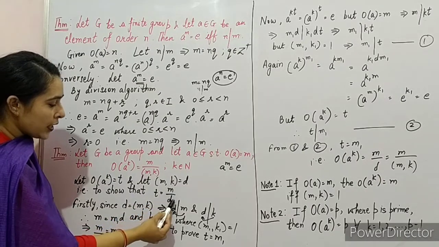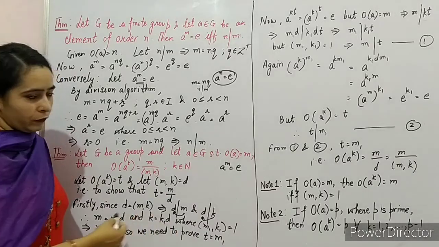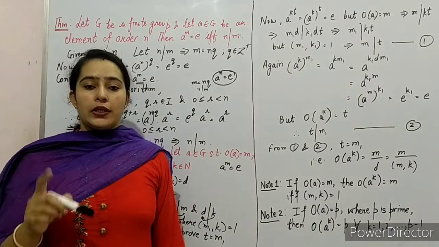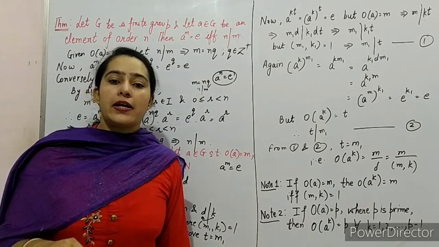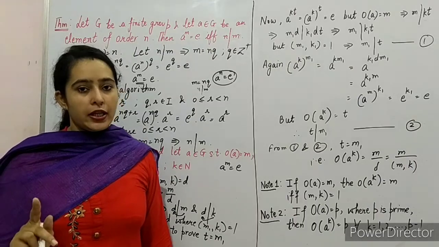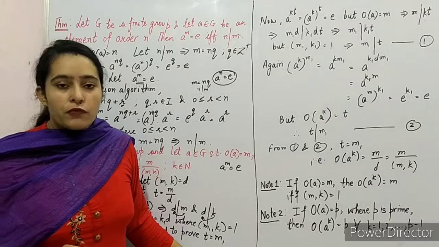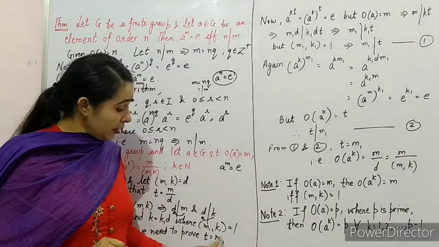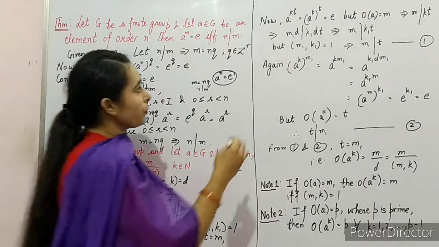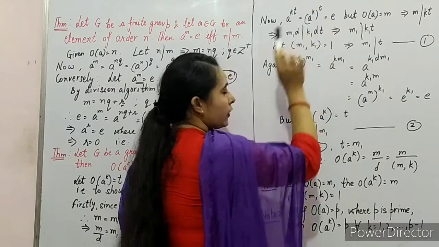So if m upon d is equal to m1, what do we need to show? We need to show now that t is equal to m1. To show that, we shall show t divides m1 and m1 divides t, as we know that if two numbers divide each other, then they must be equal. Now, a raised to the power kt is equal to a raised to the power k, raised to the power t.